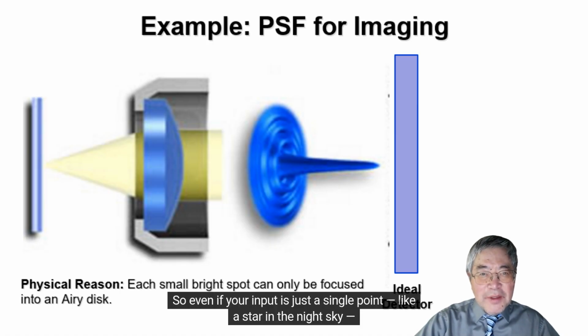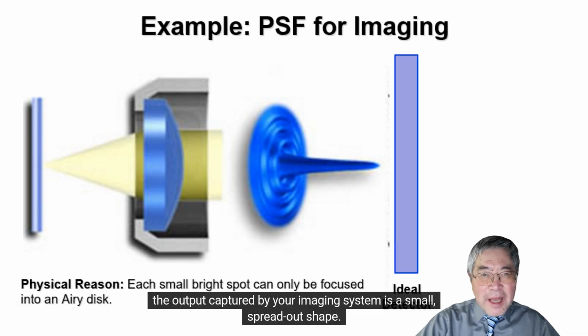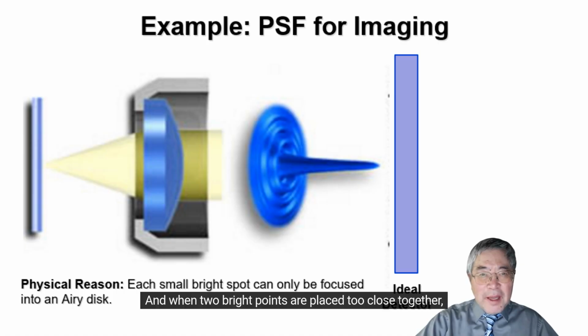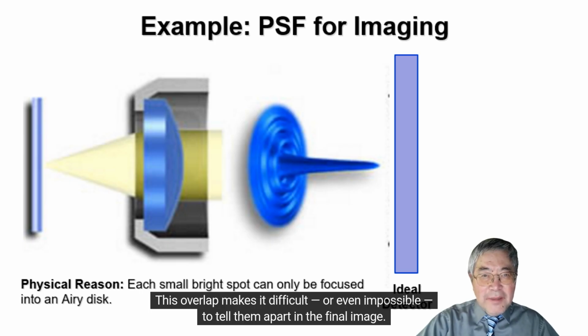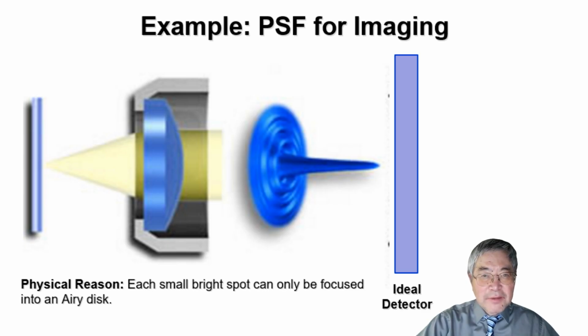So even if your input is just a single point, like a star in the night sky, the output captured by your imaging system is a small, spread-out shape. And when 2 bright points are placed too close together, their point spread functions begin to overlap. This overlap makes it difficult, or even impossible, to tell them apart in the final image.